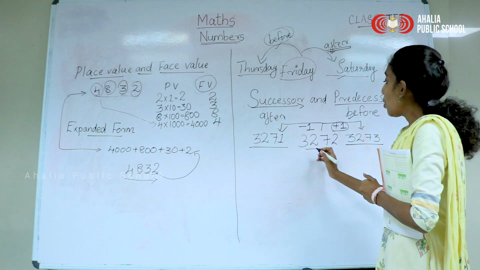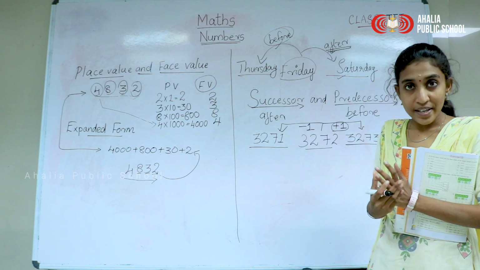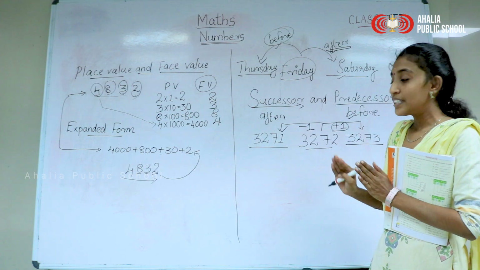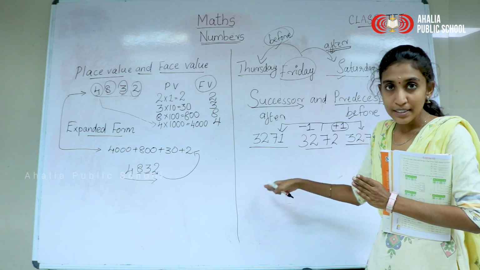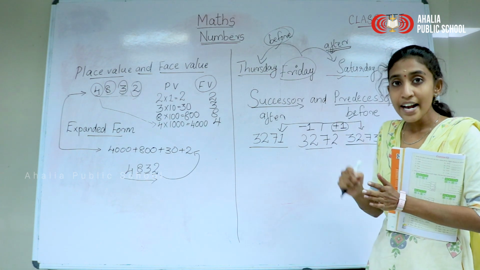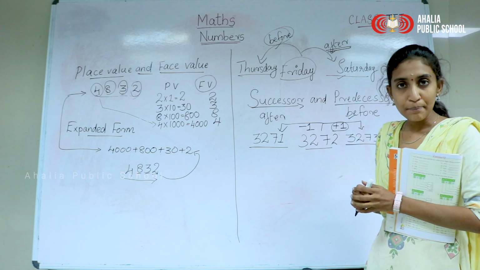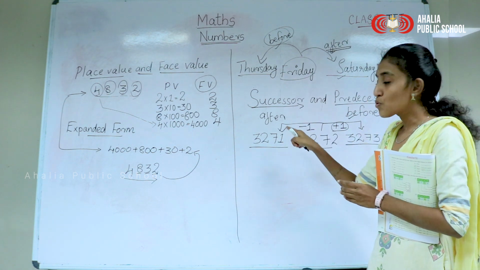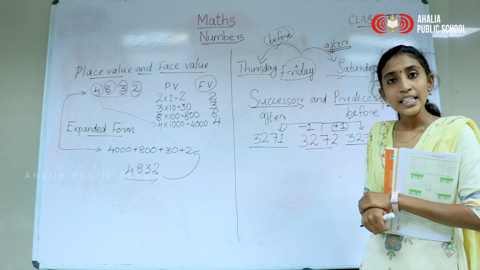Okay, so to find the successor we will add 1 to the given number. To find the predecessor we will minus 1 from the given number.